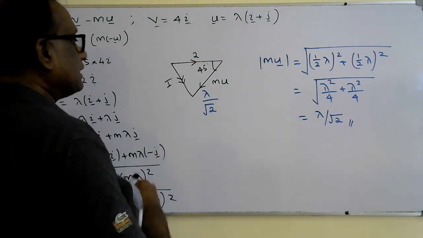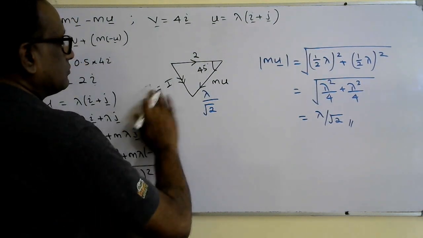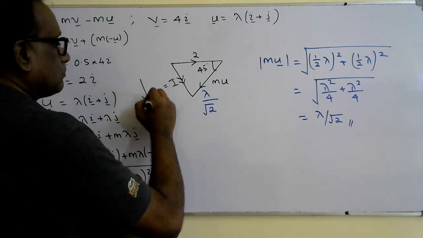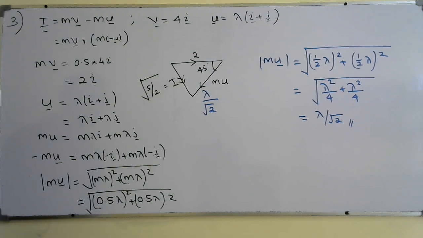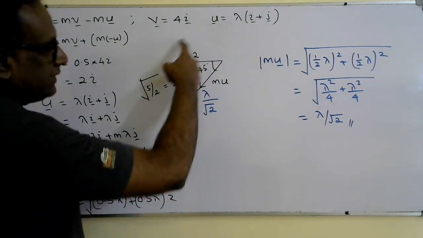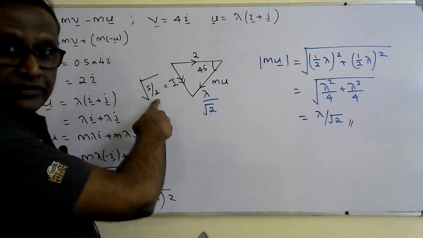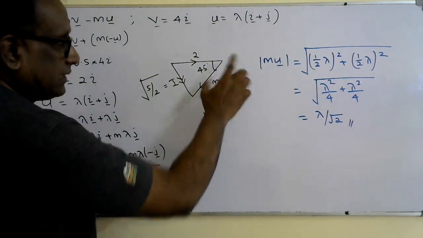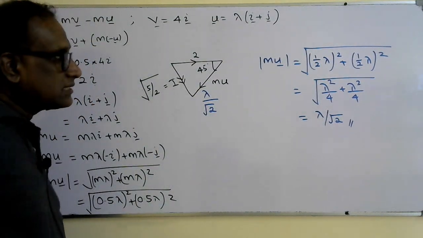So this magnitude is equal to square root of 5 by 2, that is the impulse vector. Now I need to find the value of lambda. For this triangle, I know this length, square root of 5 by 2, the magnitude of impulse. I know this length, that is mv, 2. I know this length, that is mu, whose magnitude is lambda over root 2.